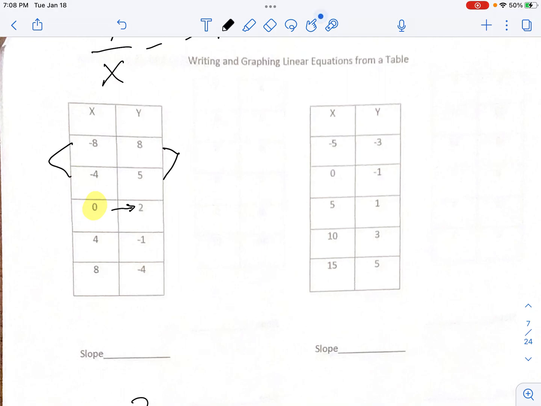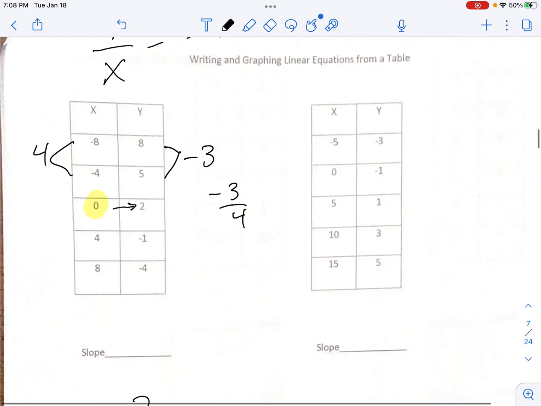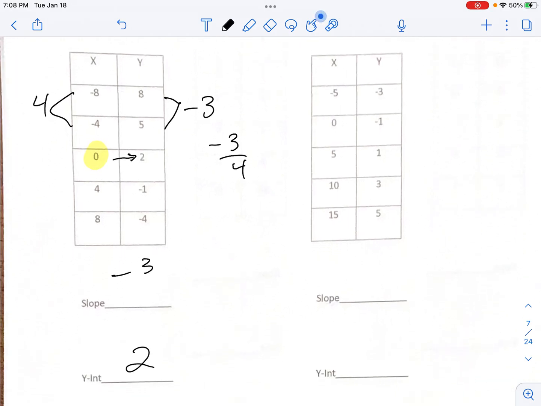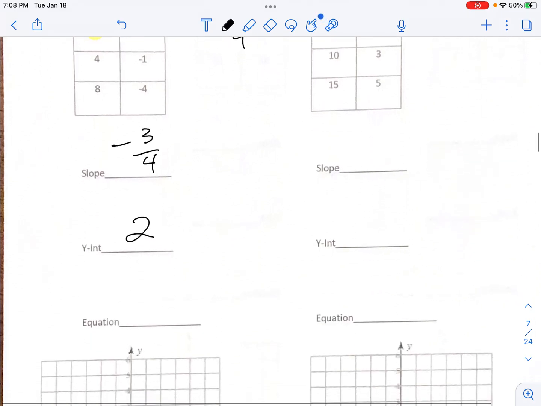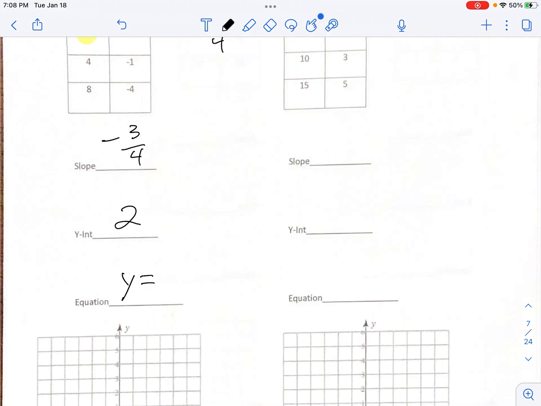And I'm just going to use the first 2 boxes. So the trend in y, 8 to 5 is down 3. Trend in x, -8 to -4 is up 4. So if it's y over x, that would be -3 over 4. So that would be my slope. Now that I've got the slope and the y-intercept, now I can write the equation: y equals -3 over 4x plus 2.